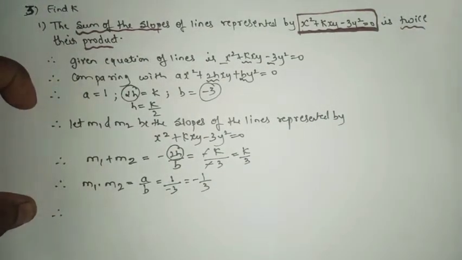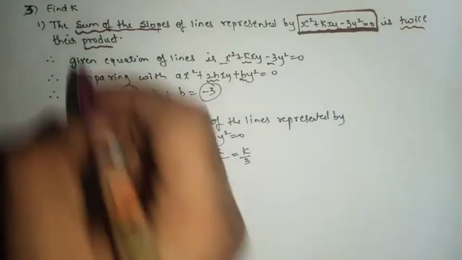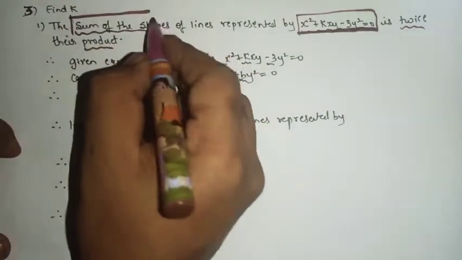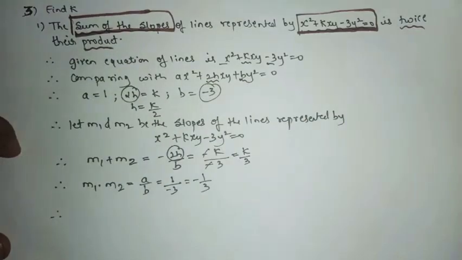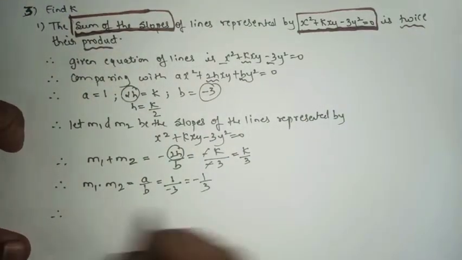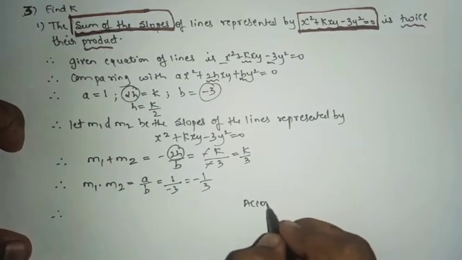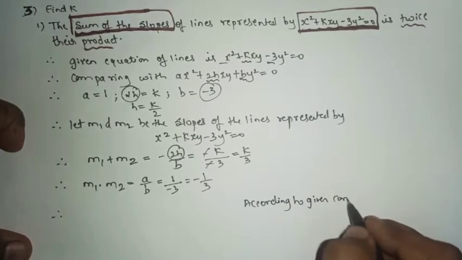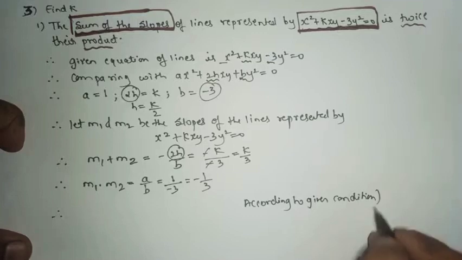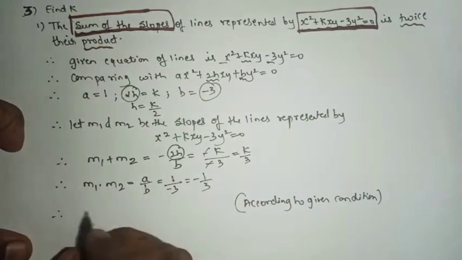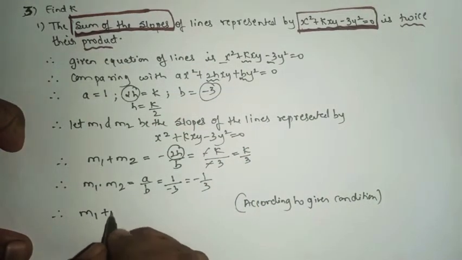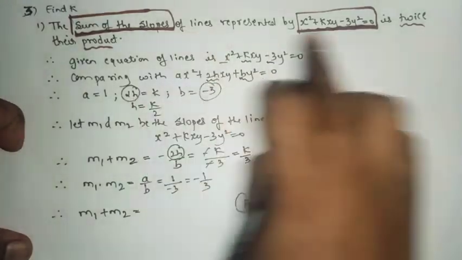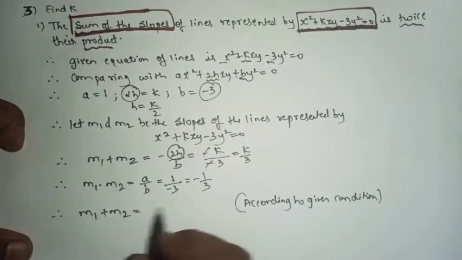Now focus on the condition which is given, sum of the slope. What do you mean by sum of the slope? So according to the given condition, it says that sum of the slope, that means m1 plus m2 is twice their product.